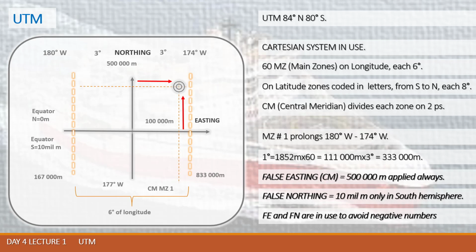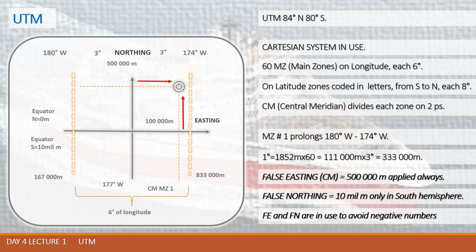Why is it in meters? Because this is just the distance from the central meridian, the steps you move to the desired position, to left or right, and the distance in meters from the equator to the desired position. The crossing of those two offsets from the central meridian and the equator provides you the coordinate, or a fixing, or a position if you like.